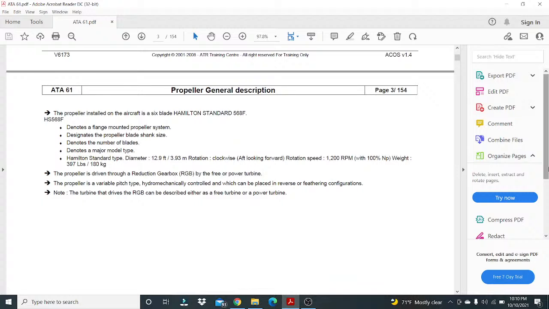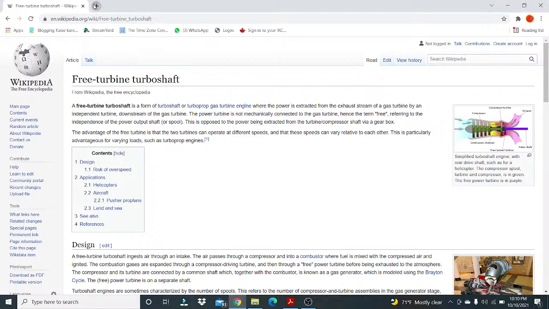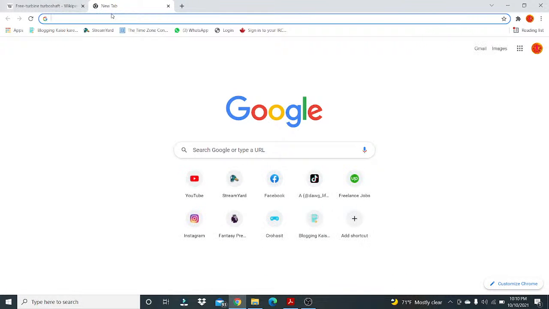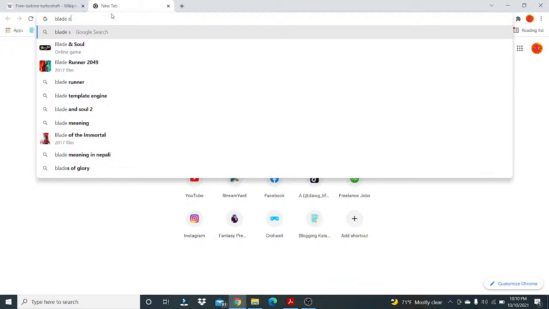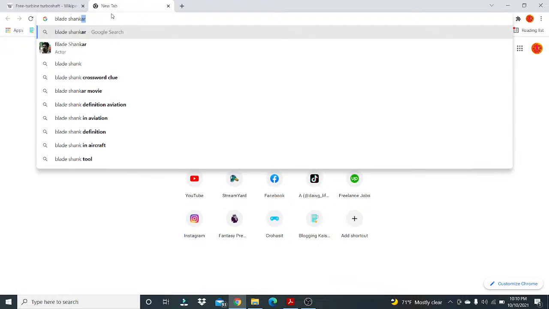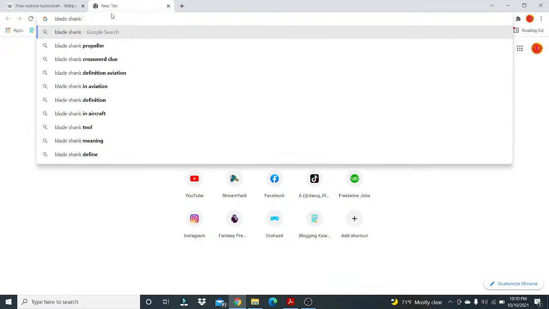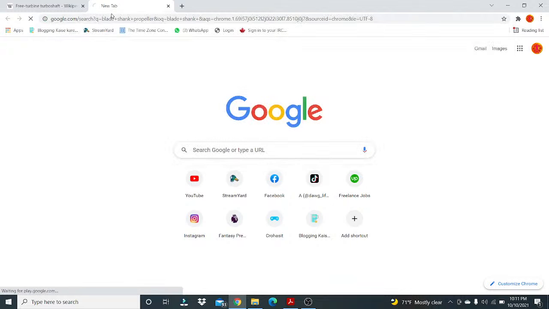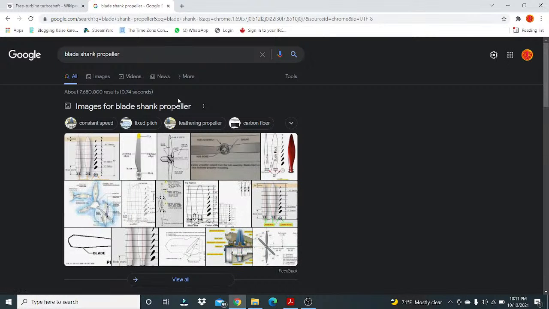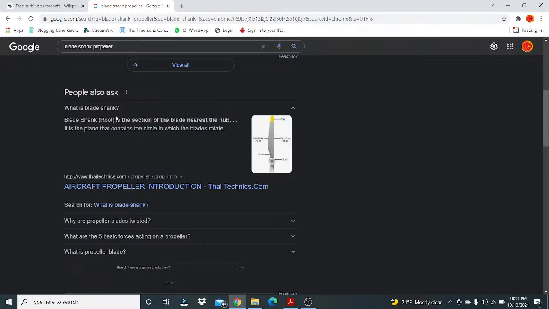8 designates the propeller blade shank size. What is shank? So I have this blade shank size, right? So this is one shank, blade shank. Propeller, let's see. What is blade shank? Blade shank root is the section of the blade nearest the hub.